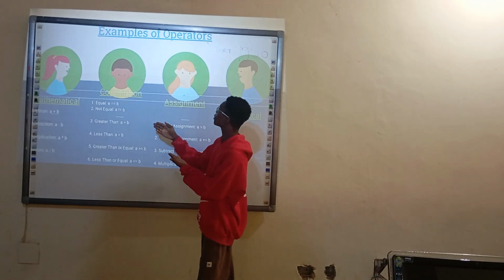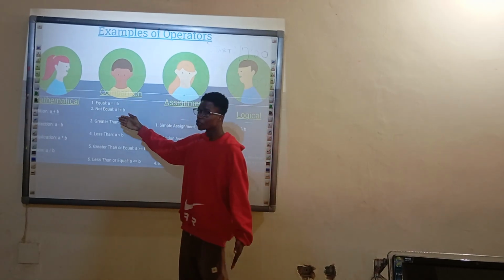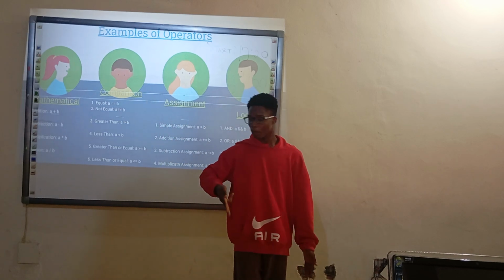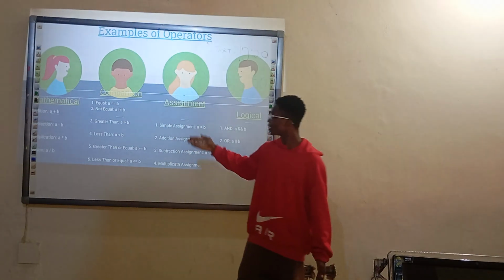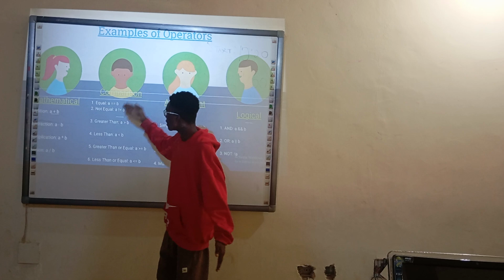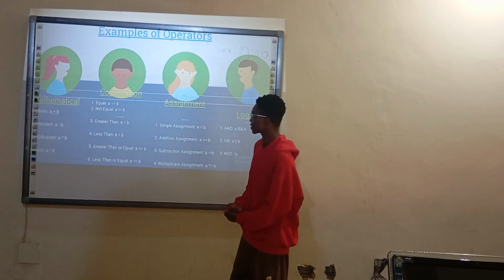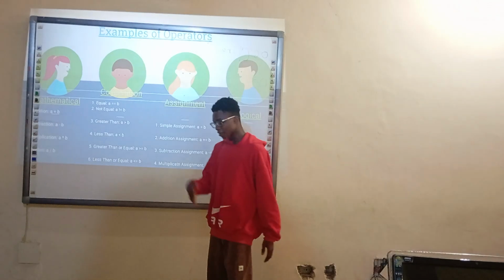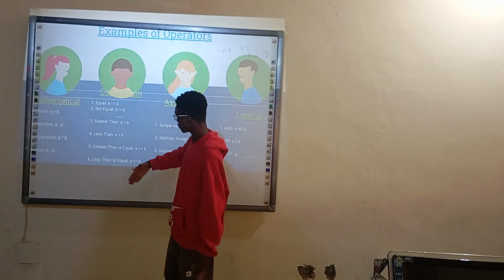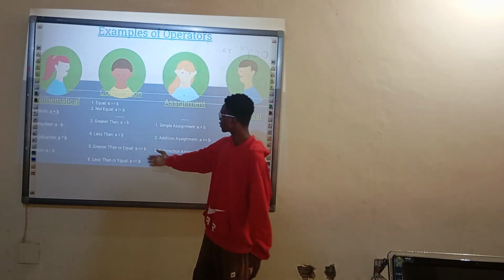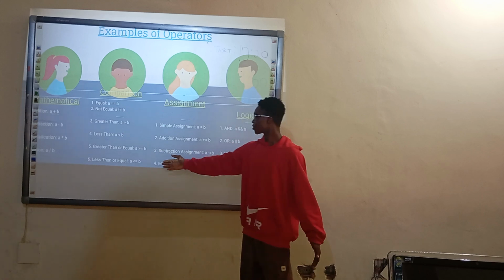Then for not equal to, we use an exclamation point then an equal to sign, telling us that a value A is not equal to a value B. The third one is the greater than sign, another comparison operator. Then we have the less than, the greater than or equal to, and also the less than or equal to.